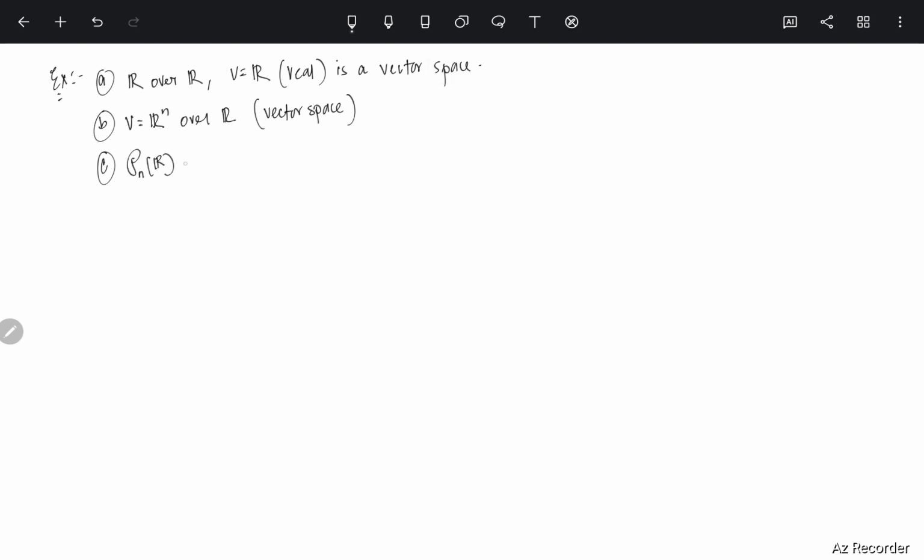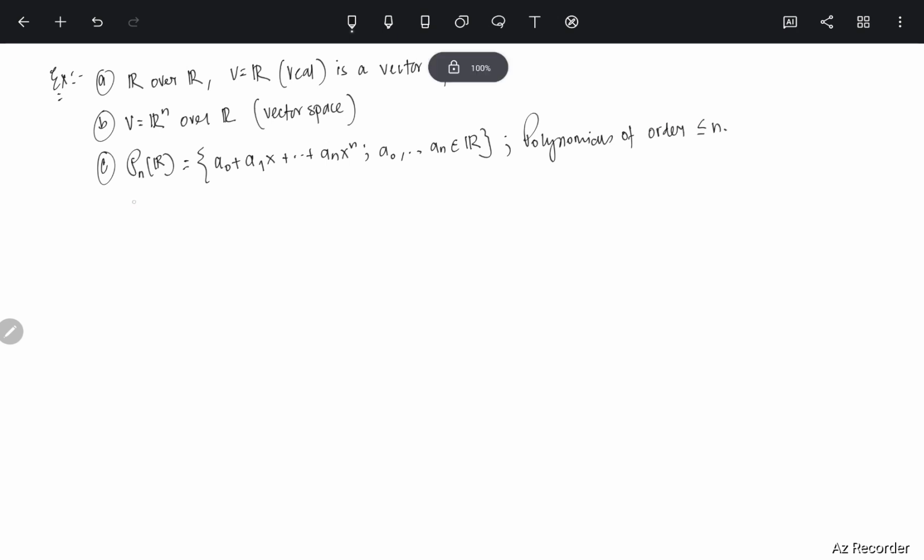Pn of R. What is Pn of R? This is the set of all those polynomials. What are the polynomials? Basically you are looking at a0 plus a1 x plus ... plus an x to the power n, where a0 through an I am choosing from R. So this is a polynomial over R, that is, the coefficients are chosen over R, and this is all possible polynomials of order less than or equal to n.